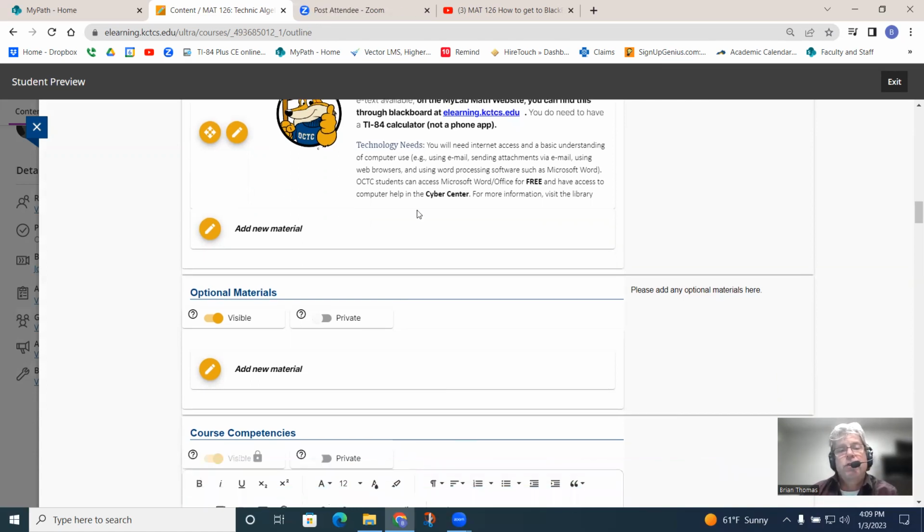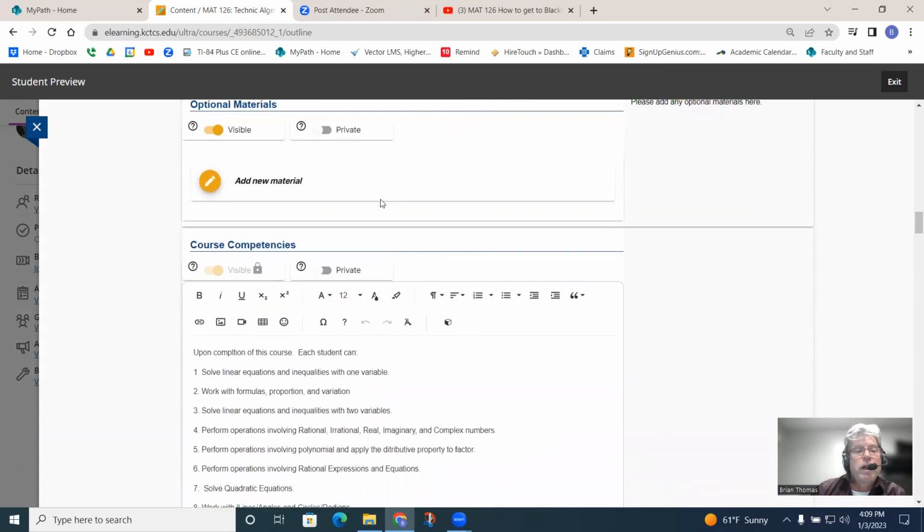Again, you do have to use the computer. Emailing is very important, so keep that in mind. You may have to open up attachments, or even send attachments in this class, depending on how we go. So keep that all in mind as you move forward into this class.